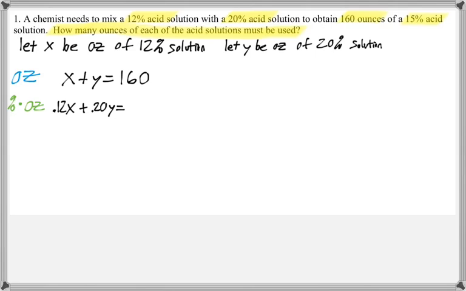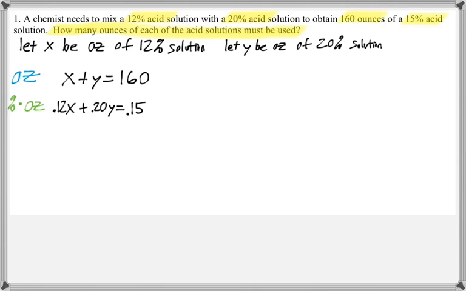And then the last part is the trickiest part. We are trying to get the 15% solution. That is our goal. But I can't just put 0.15, because here I'm multiplying the percent times x, and x was the amount of ounces. Here I'm multiplying 20% times y, y was the amount of ounces. Here I need to be multiplying a percent times the amount of ounces, and my amount of ounces is 160, because they want us to obtain 160.